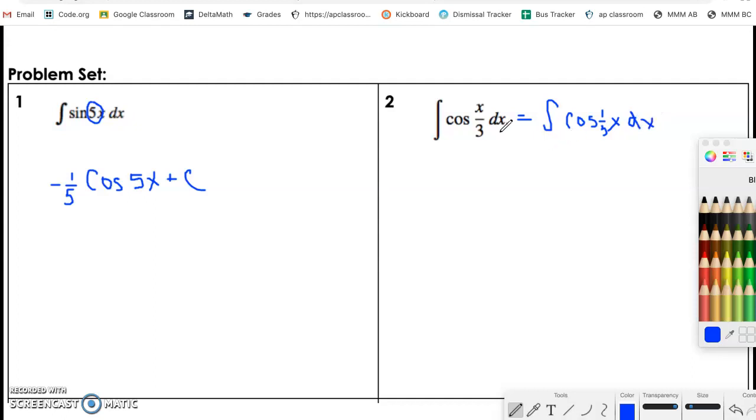So again, taking the antiderivative of cos, which is sine, I can see it's just a coefficient and a variable, so I'm keeping that the same here and multiplying by the reciprocal of my coefficient, so multiplying by 3 there and saying plus c.